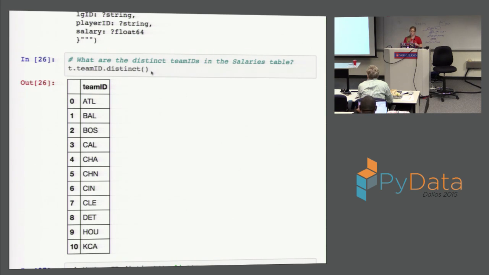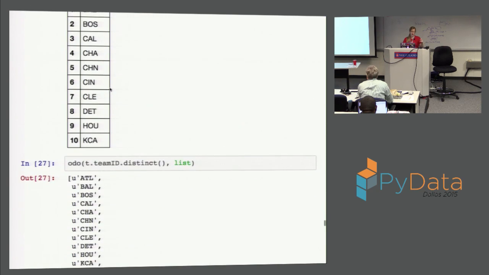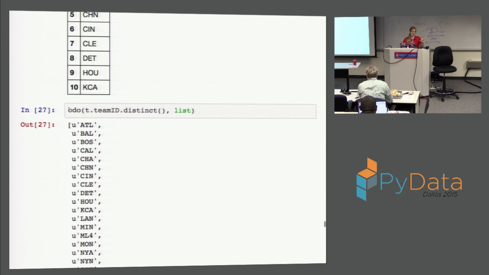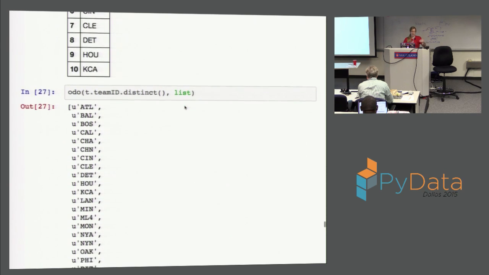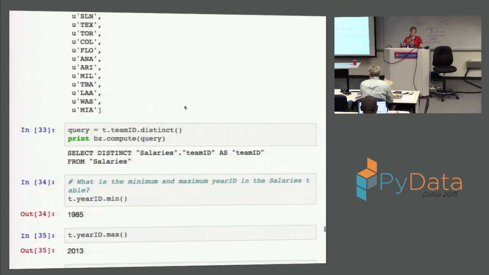So if you do team ID, don't get confused: there's not just 10 teams, there are more than 10. A way of getting that is to put it into a list or a pandas data frame, and then you get the full list of teams.